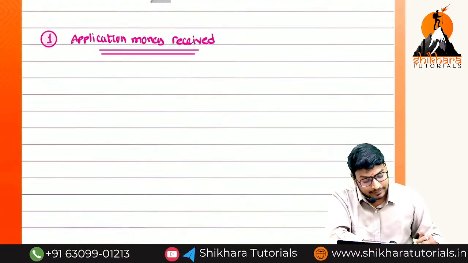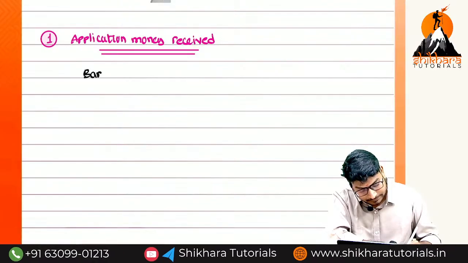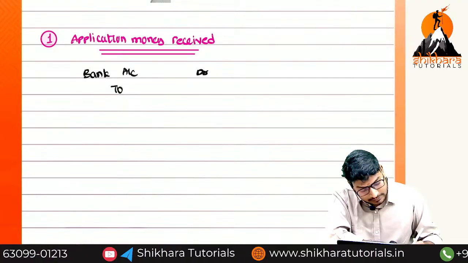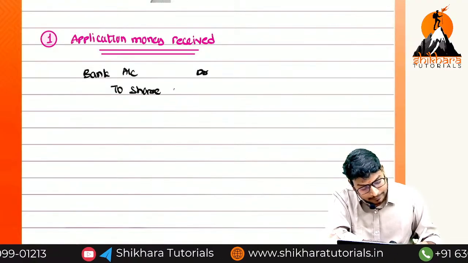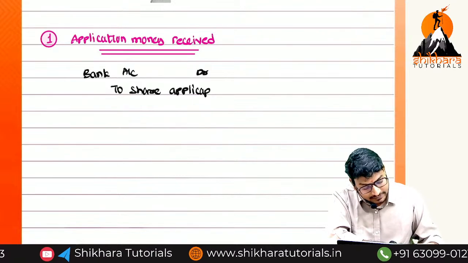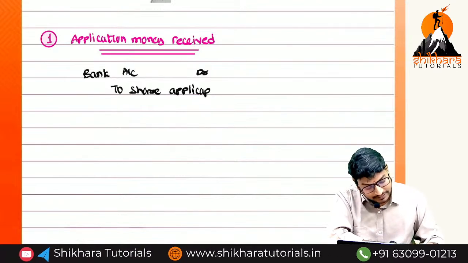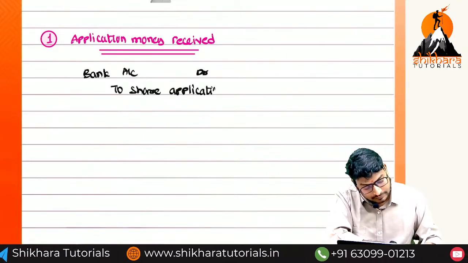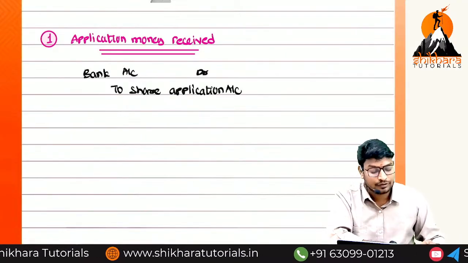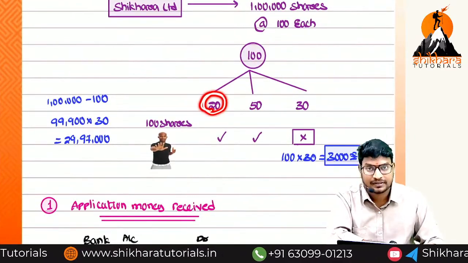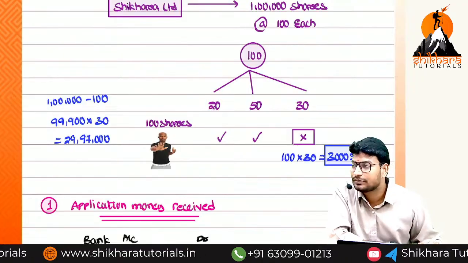Bank account debited to share application. We should not write the person name. So instead of the person name, we are writing what? Application. How much amount at the time of application are we going to receive? 20 rupees. On all the shares we have received, or only some shares?